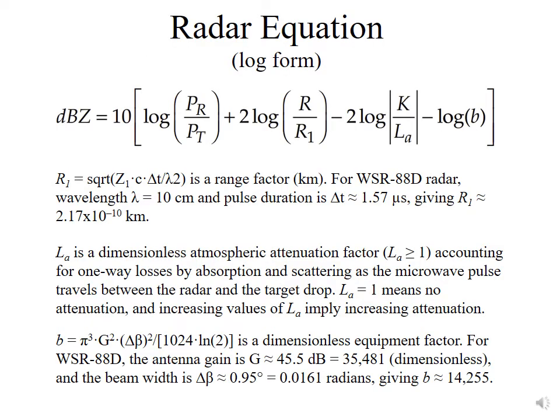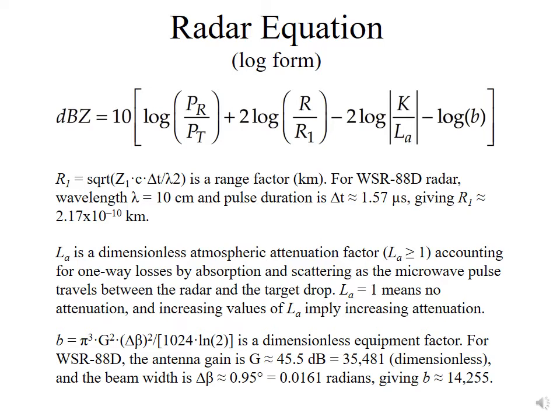So we can look at the radar equation, and we can do this in the log form, which is more useful for us. So we have dBZ, which is essentially the return signal, the reflectivity factor Z, on a decibel scale. So dBZ is going to be equal to 10 times all of this stuff in between.